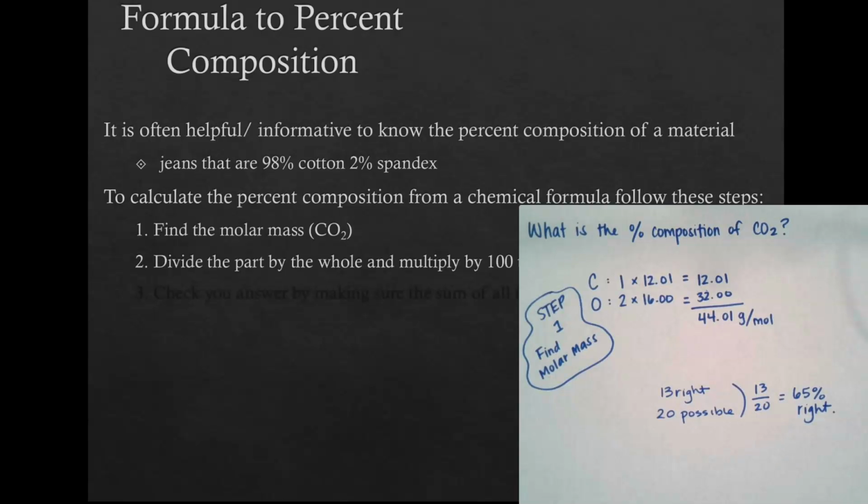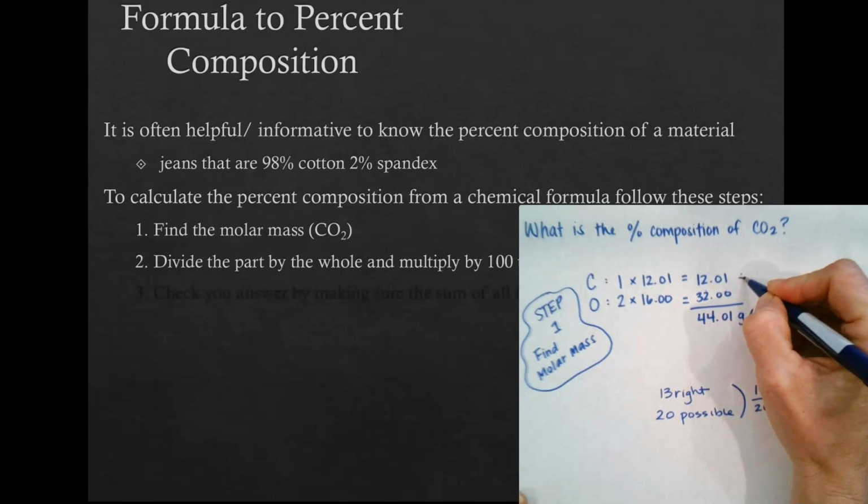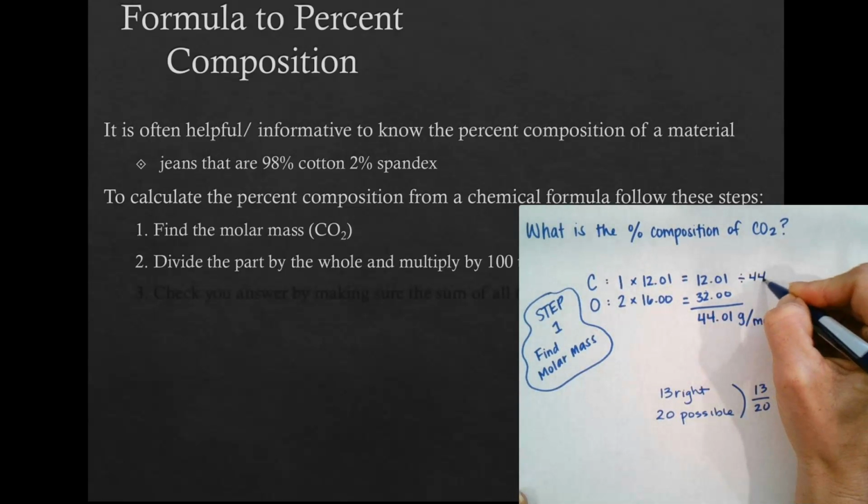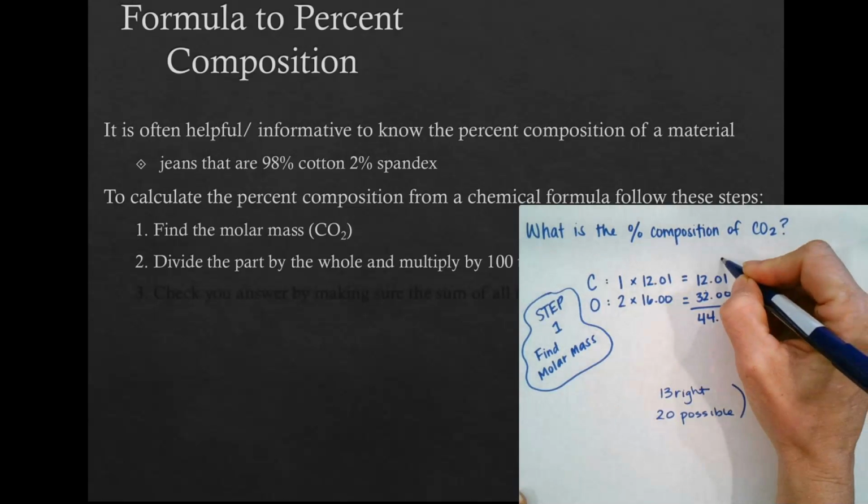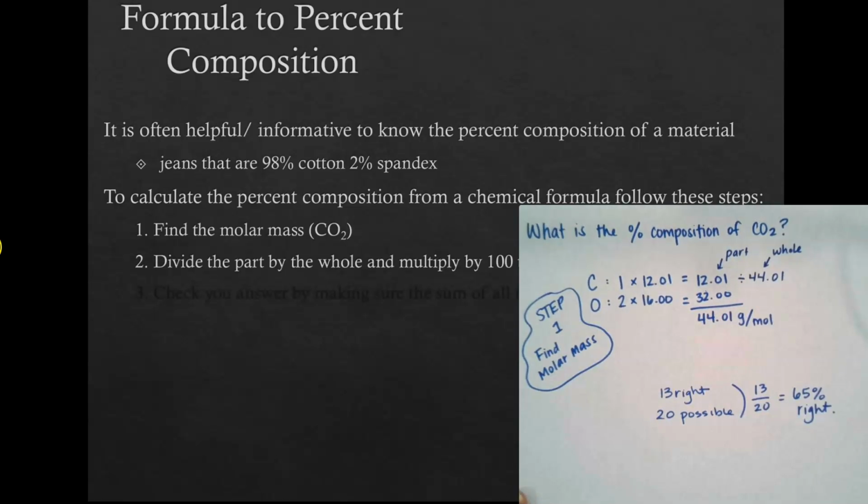So we're going to apply the same concept up here. The part that we're learning that is new is that we're going to take this 12.01 and we're going to divide by 44.01. So this is the part here, and 44.01 is the whole. And then I'm going to multiply by 100 to get the percent.